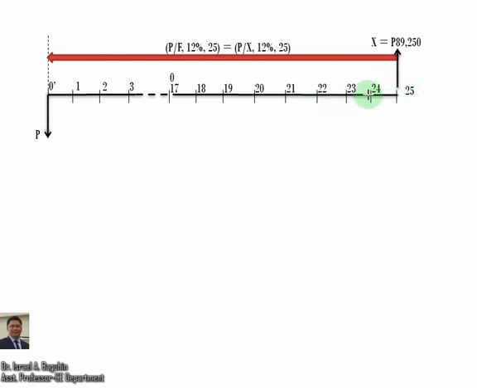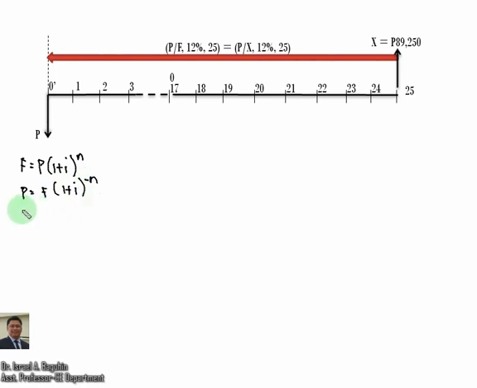I'll show you that we still have the same answer if we use this cash flow diagram. Since F is equal to P times 1 plus i raised to the n, and we are after P, we can say that P is equal to F times 1 plus i raised to the negative n.